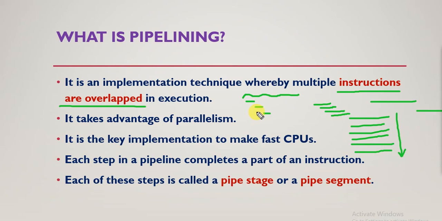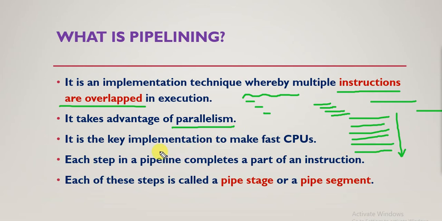So the basic idea of pipelining is to overlap the various instructions that are submitted to the computer system. We will see the exact figure and explanation of how this overlapping can be done in the following slides. Also, it takes advantage of parallelism. Even if we do not have parallel resources available, the overlapping or pipelining procedure gives the advantage of parallelism within the computer system.